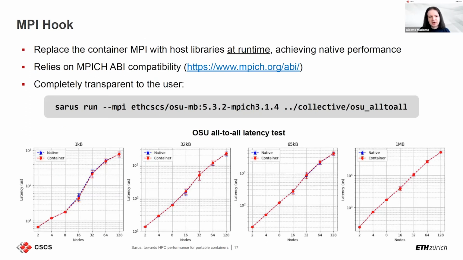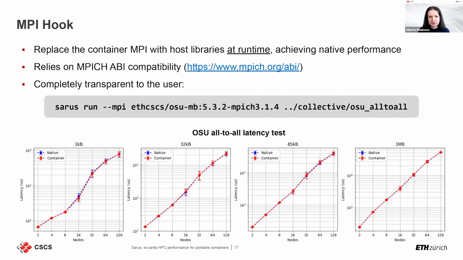The MPI hook is able to replace the container MPI with native libraries at runtime, and thus achieve the full performance of the system interconnect. In order to seamlessly perform this replacement, the hook relies on the ABI compatibility initiative defined by the MPICH organization.